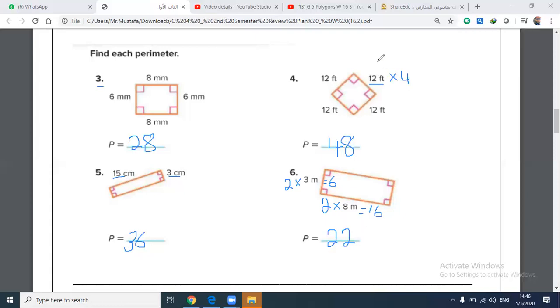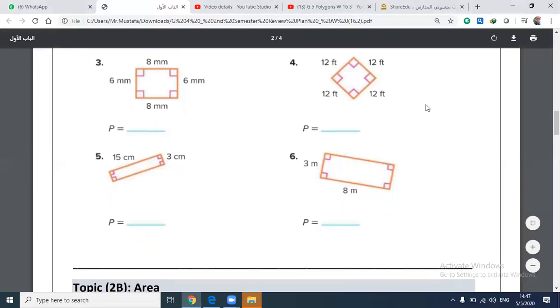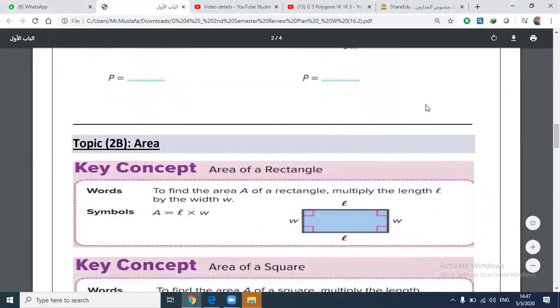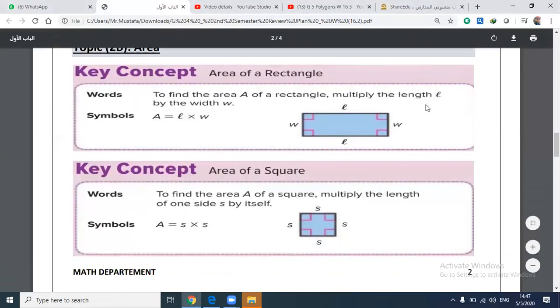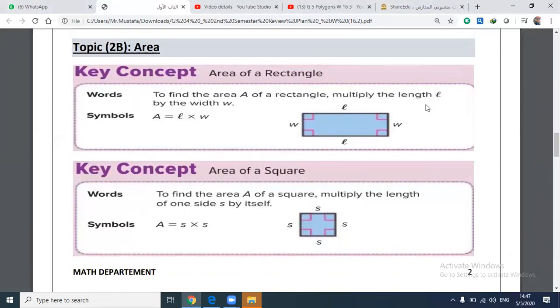Muhammad, now let's go to the next part of this session: how to find area, the area of a square and the area of a rectangle.